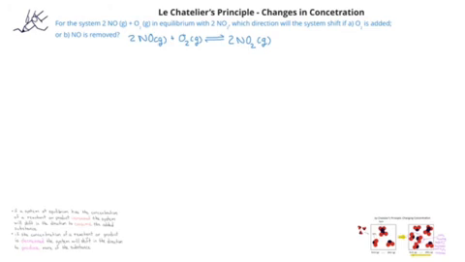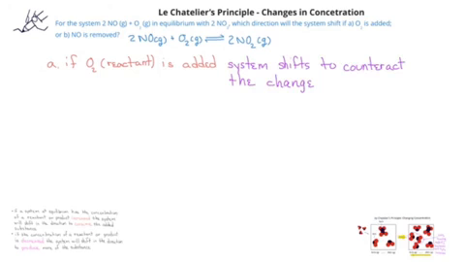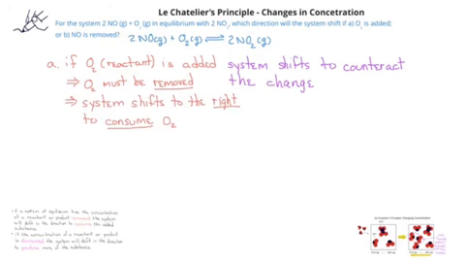In the first situation, we're adding O2, which is a reactant. Le Chatelier's principle says the system will shift to counteract what we did, or to remove O2. Since we added O2, the system will try to remove O2 by shifting to the right, to use up O2 and produce more NO2.